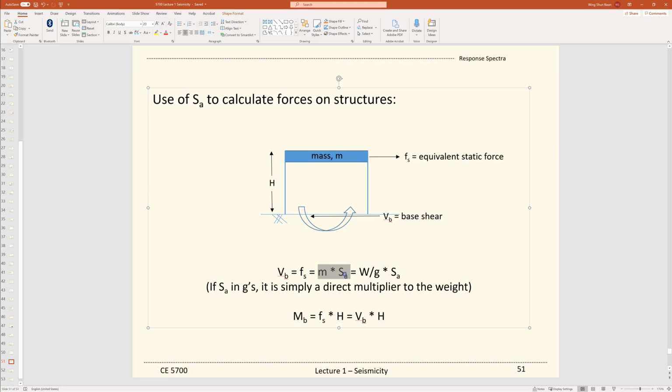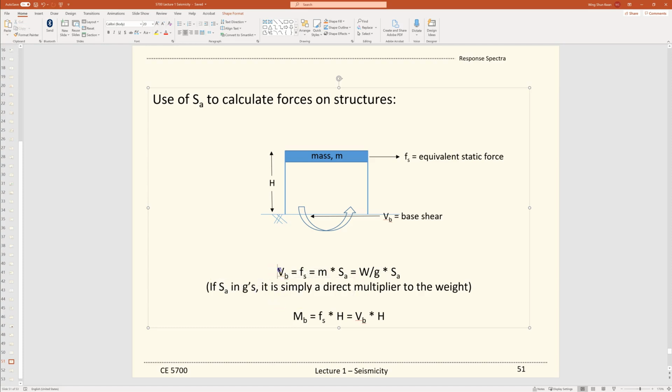We use the maximum response spectrum for calculations. The gravity will cancel out if you use the S sub A in terms of g's.